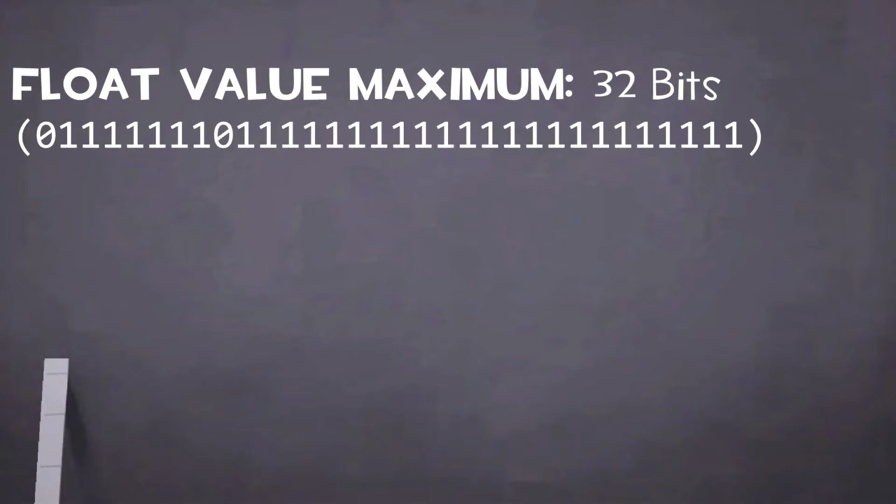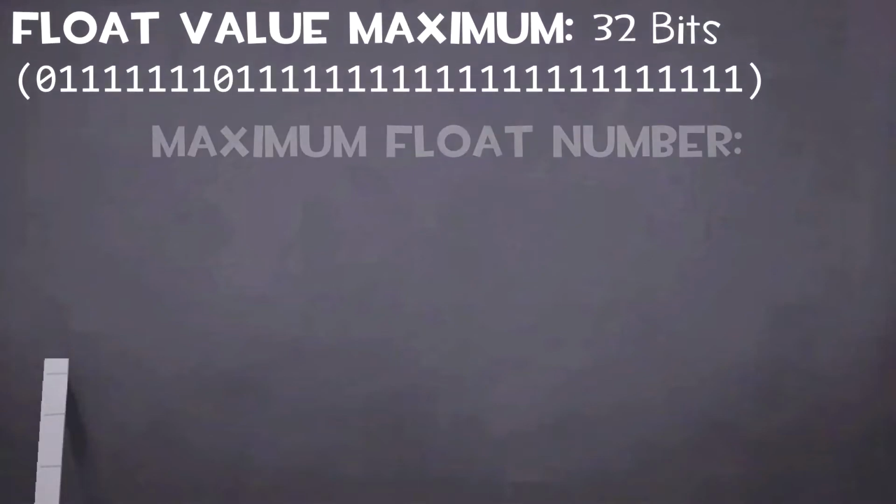The maximum of a float value in the Source engine's language, C++, is typically 32 bits, and in a numerical value, that limit is... I've got to say this time, haven't I?